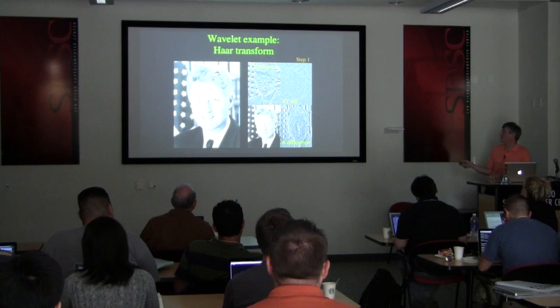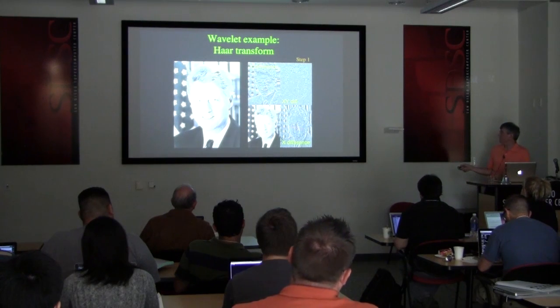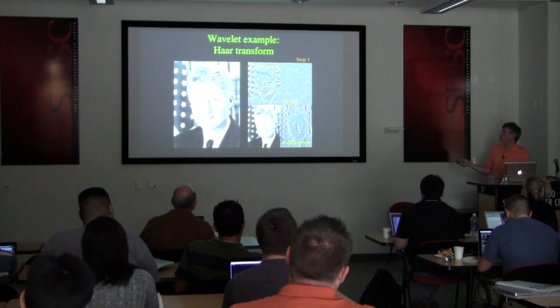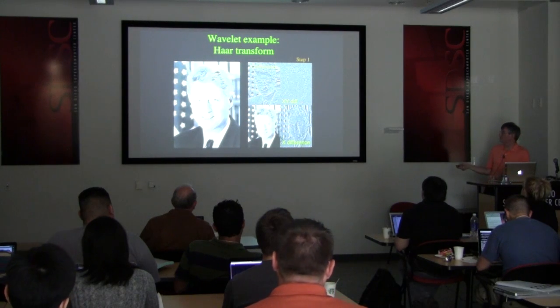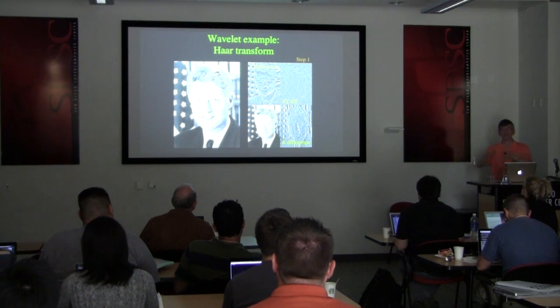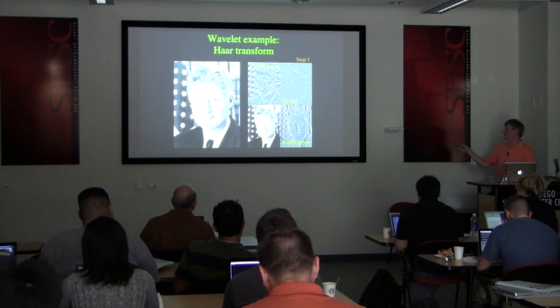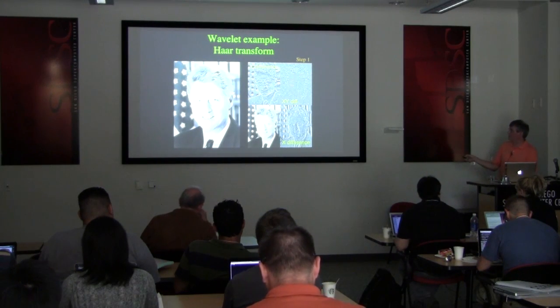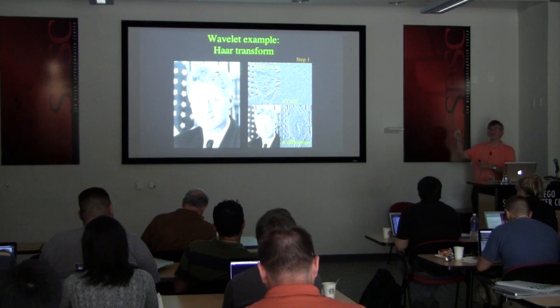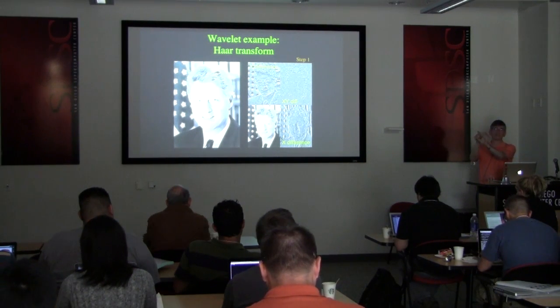So effectively it's the derivative in the y direction, the derivative in the x direction, and this is a cross derivative. If you sort of trace through what happens to the pixels after you do these transforms in two different directions, this is essentially the sum of the pixels at two corners of a 2 by 2 pixel grid minus the sum of the pixels at the other two corners of the grid.